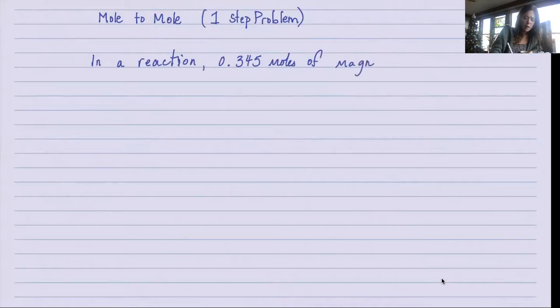I want you to actually write this problem. In a reaction, 0.345 moles of magnesium reacts with, what do we want magnesium to react with, guys? Let's keep this simple.